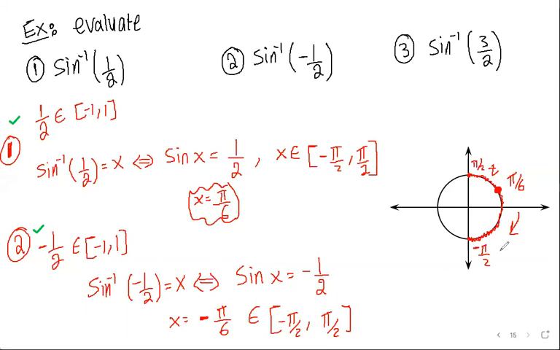Third one, who will do the third one? Sine inverse of 3/2. We can't do that one, right? You cannot do that one because 3/2 is outside the interval between -1 and 1. 3/2 is 1.5, which is greater than 1, so it does not belong to this interval.